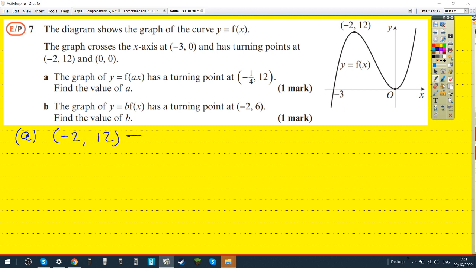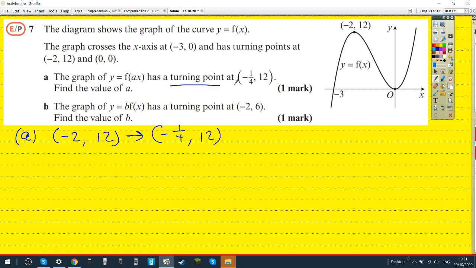So, okay, let's write this down. So we're working out what multiplies minus 1 over 4 to get minus 3.